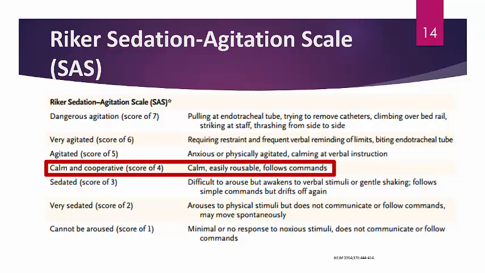Ideally, these are pretty sensitive and specific, meaning that most people will get a similar score whenever you compare different raters. So what I'm saying is that if someone rates a person a +5, more than likely another person will also rate that person a +5, or it may be a +6 or a +4.